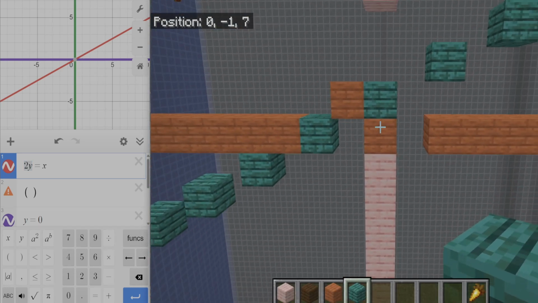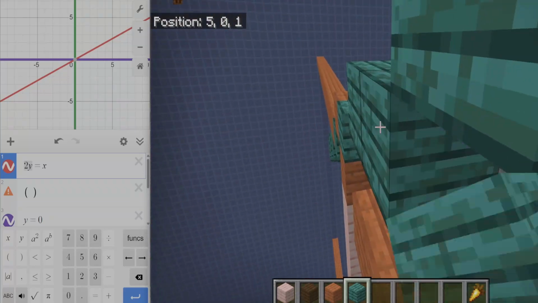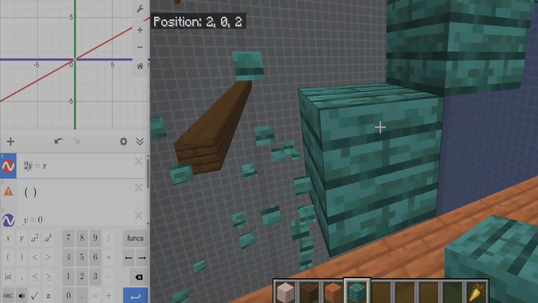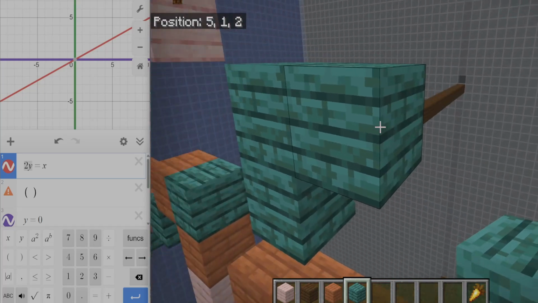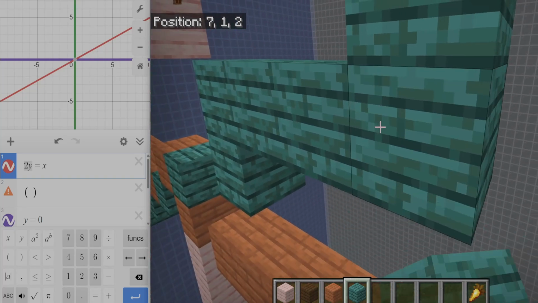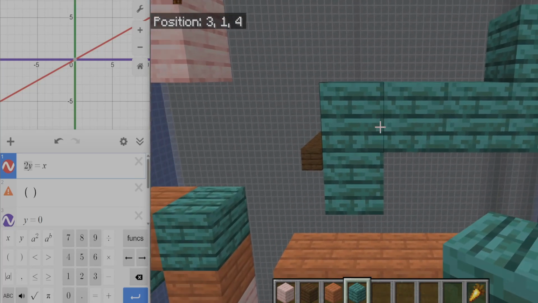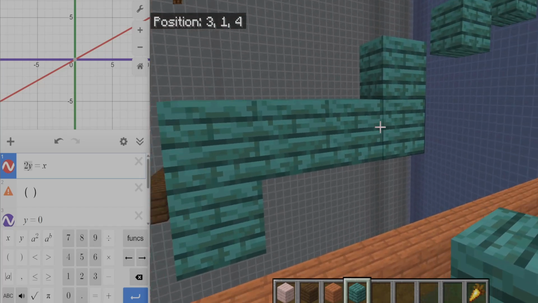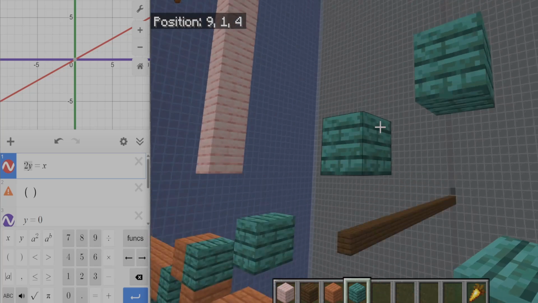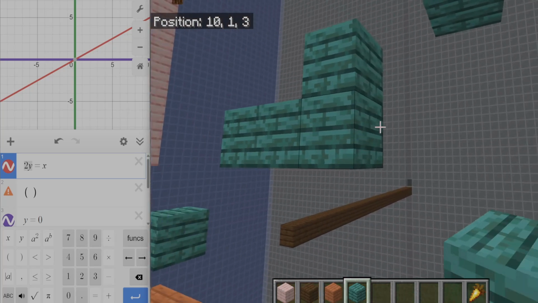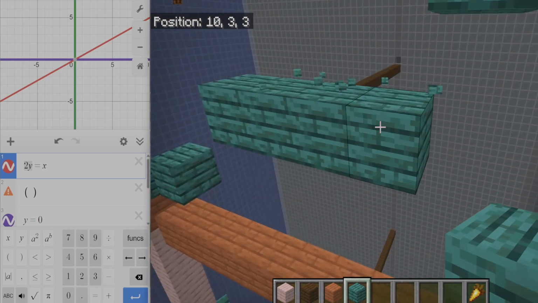And using slope, if we just add another block here before we go up 1, so it's over 3, 1, 2, 3, up 1.